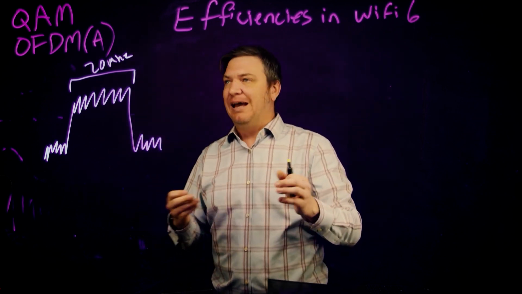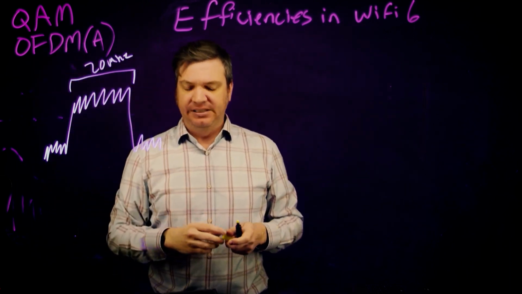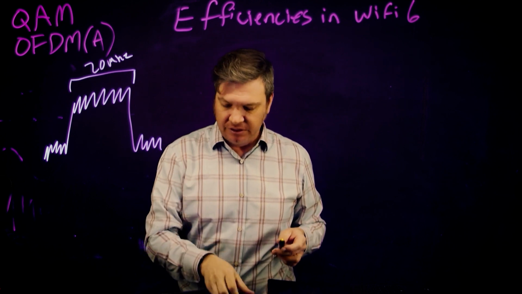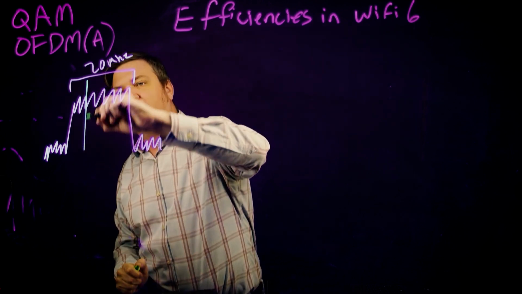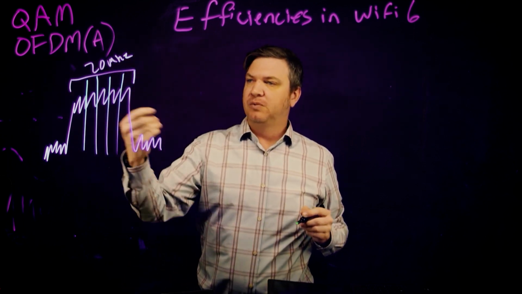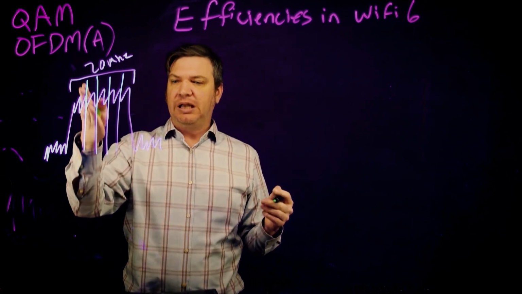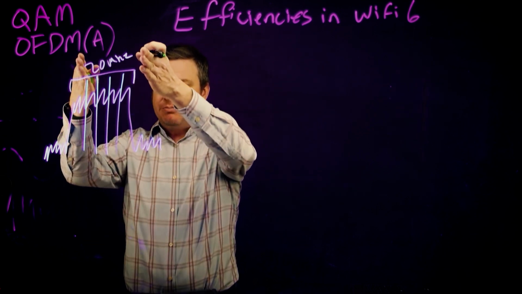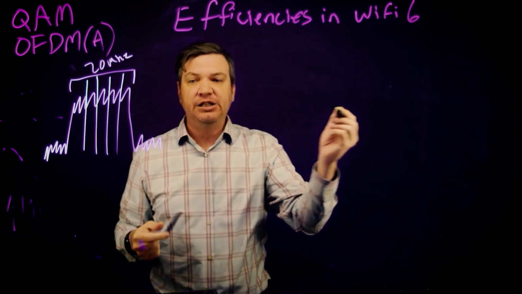So what OFDM, or orthogonal frequency division multiplexing, did was it allowed us to break this channel into what's called carriers, right? So the cool thing about that is now we can break the single lane of Wi-Fi transmission into multiple lanes.